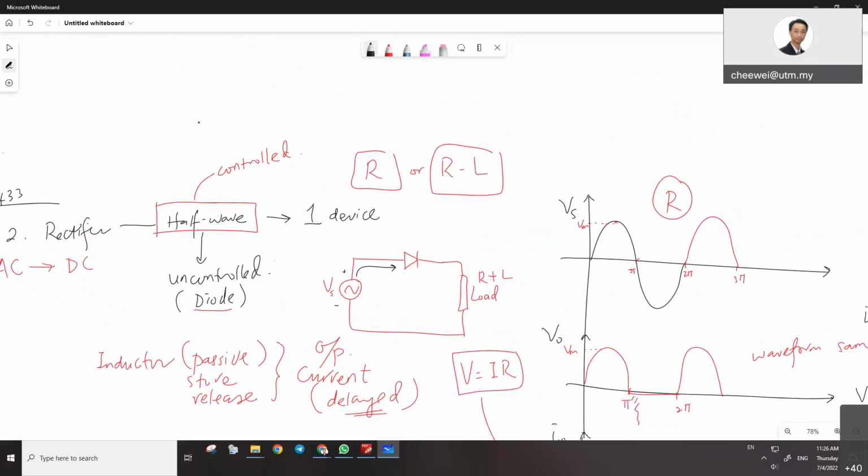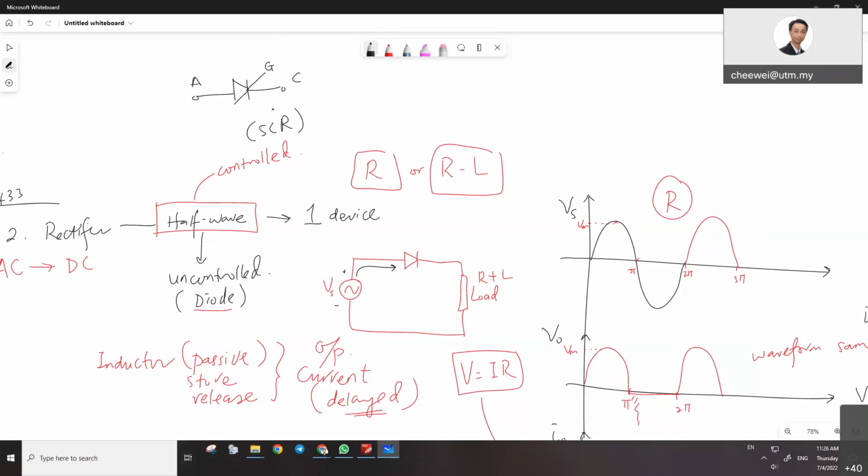We can control, right? Then we have to use SCR. Symbol of SCR is this, with anode and cathode. Okay, using SCR or thyristor.